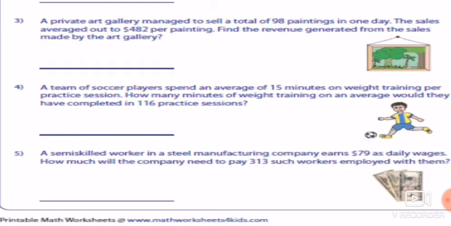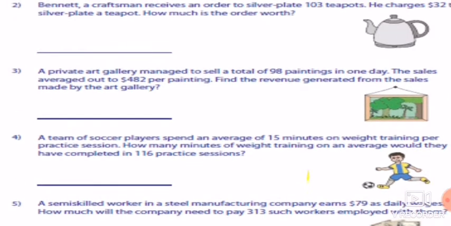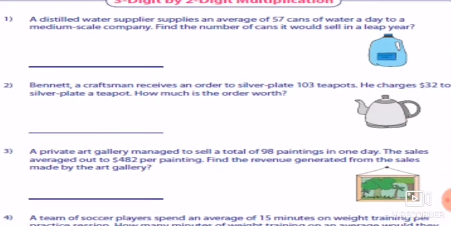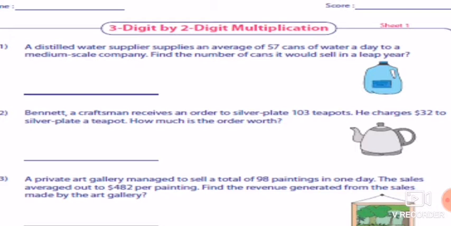I hope the concept of multiplication is clear to you all, by doing all these questions, how the concept of one and many is used. Okay, the concept is clear in your mind.